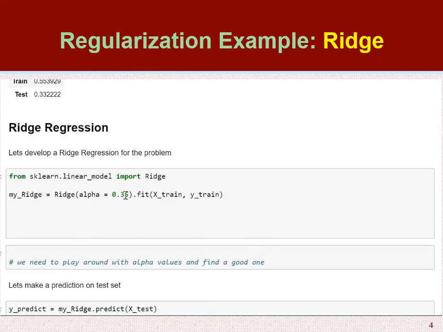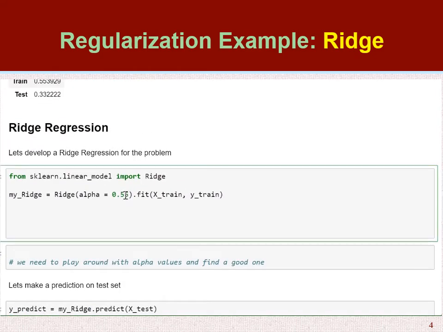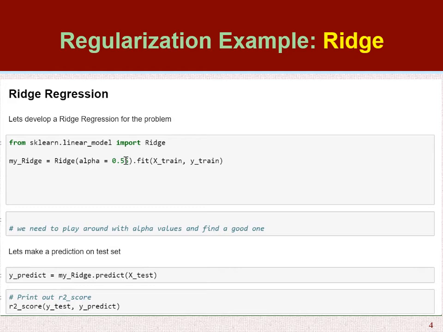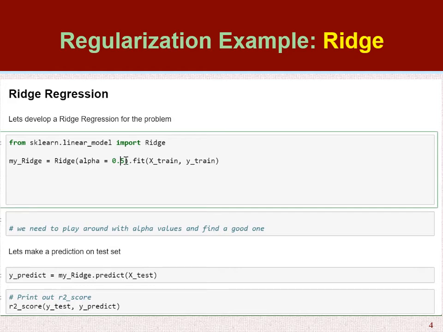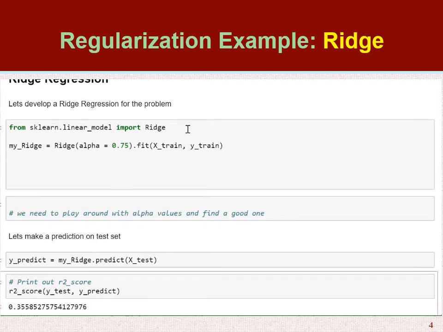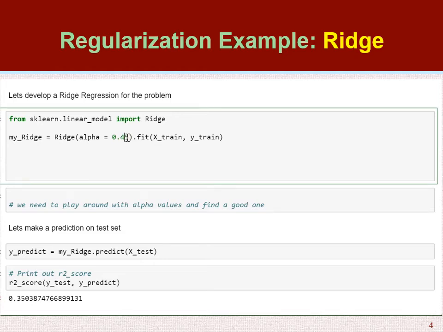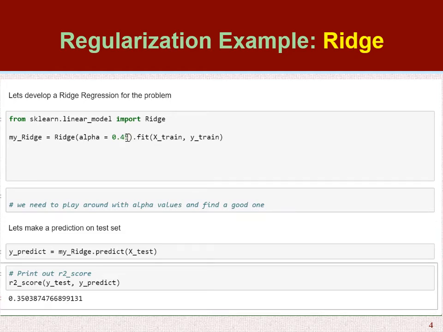So I'm going to increase it now, 0.55, for example. Not much. So let's go back to, for example, 0.75. See how that would do. So actually it's going to go down right now. So I'm going to go back to 0.45.